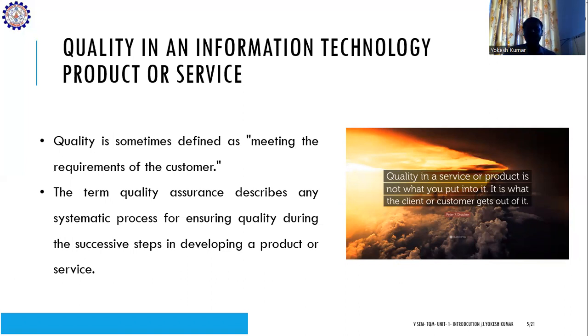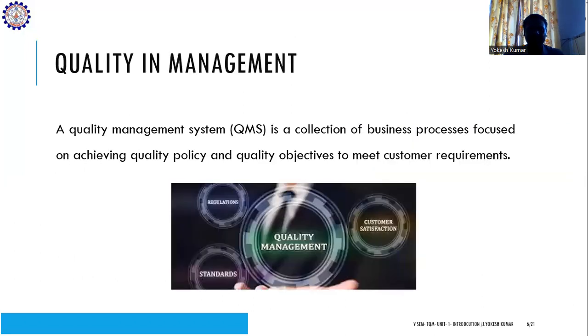So if we are doing services like hospitality, running a hotel, or in the telecommunication industry, we are not supposed to say we are doing a product. Instead, we are doing services for the customer. So we have to ensure that we are serving services which satisfy the customer's need.